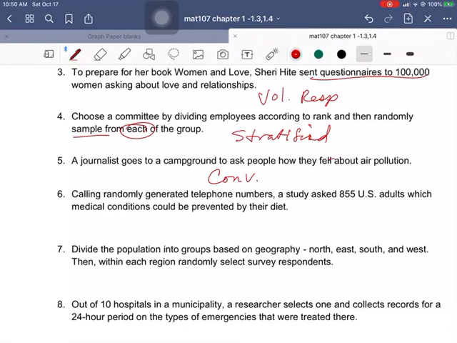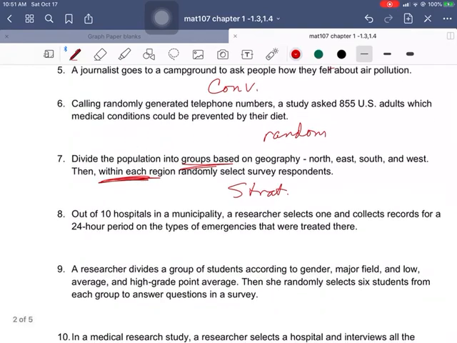Let's see, 6, calling randomly generated phone numbers. That sounds very random. Okay. And 7, divide population into groups. Then within each group, randomly select from each group. So grouped first, and then some of each is stratified.